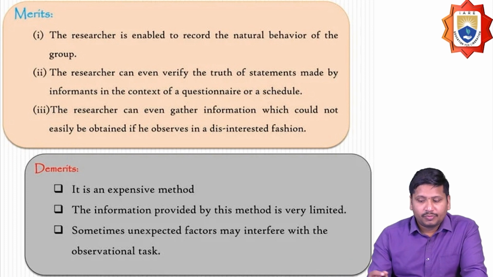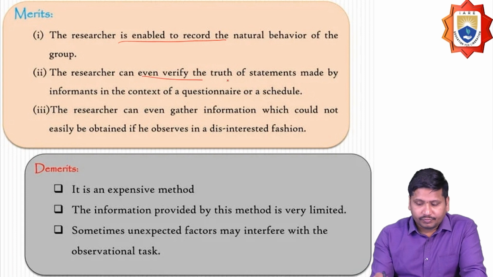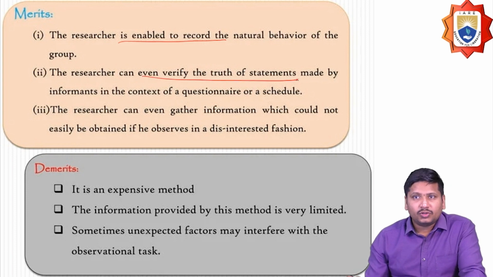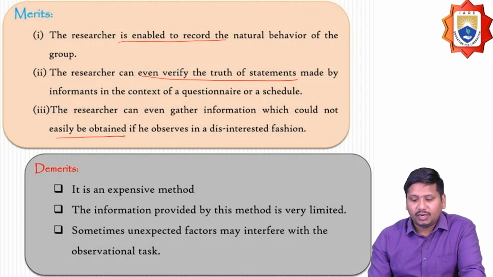Whenever it comes to the merits, the researcher can easily record the natural behavior of the group, and the researcher can also verify the truth of the statements by the information he is extracting, and the information he gathered could not be easily obtained otherwise. That is the major advantage.